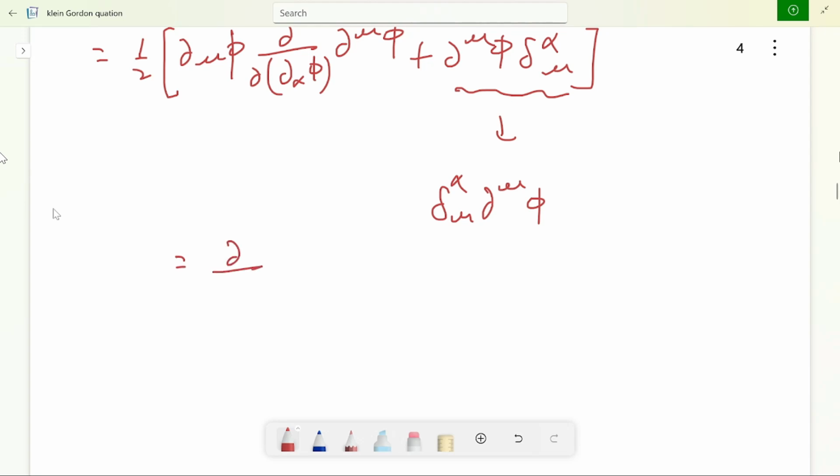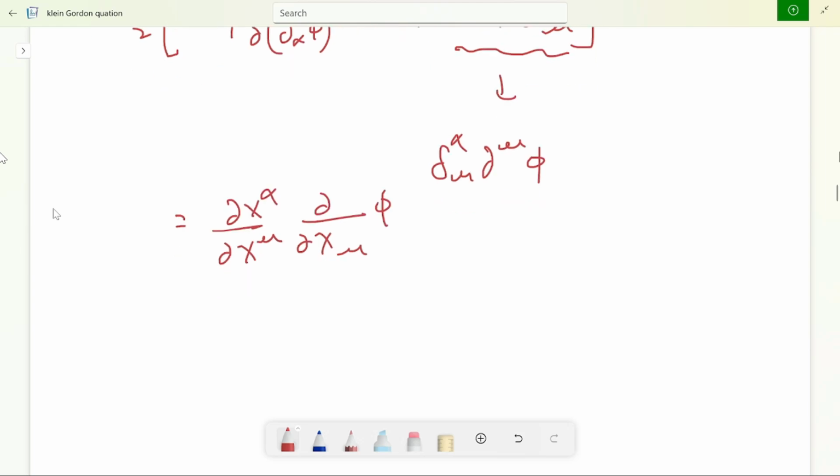This is just dx alpha dx mu, and we have d by dx mu phi, right? So this derivative, as we have already discussed, is going to be 1 if alpha is equal to mu, and it is going to be 0 if alpha is not equal to mu, right?